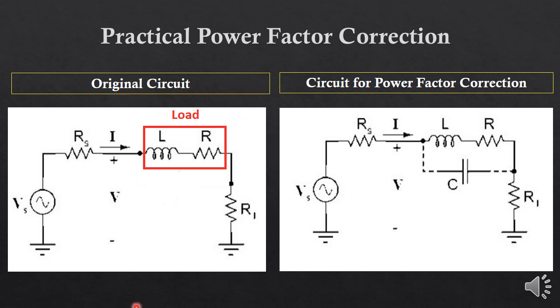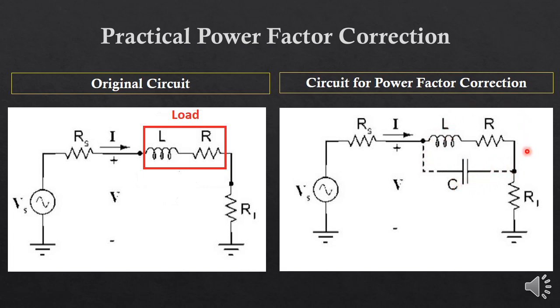This is the original circuit for which you have to do the power factor correction. Here RS is the shunt resistance which is in series with the load. So in order to improve the power factor correction, first you will find the power factor of the original circuit. If the power factor is less than unity or it is far away from the unity or 1, then you have to compute the value of capacitance and you have to place that capacitor in parallel with this load impedance.